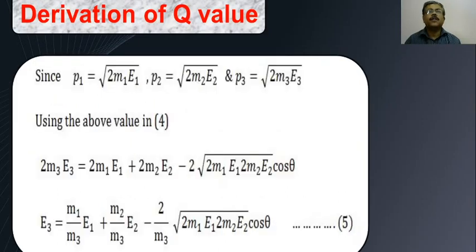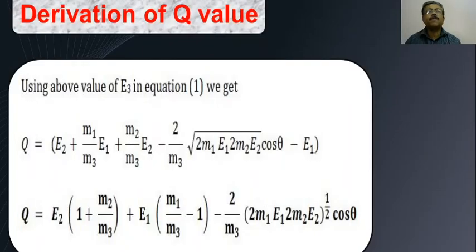But the momentum of a particle, which is nothing but m into v, can also be described in terms of the square root of 2mE. Thereby, we can substitute it for P1, P2, and P3. Using them, we arrive at a simple expression for E3 in the form of equation 5.